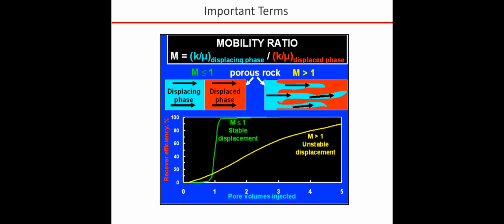Whereas as the mobility ratio, the mobility contrast, goes on increasing more than 1, the displacement becomes very unstable. And you can see the fingers in the top right hand corner of water encroaching through the reservoirs and breaking through into the producers for early water production.